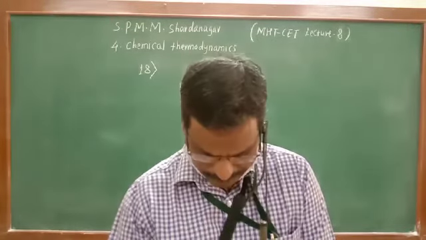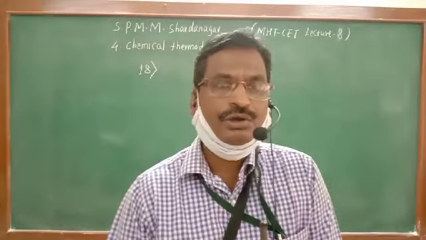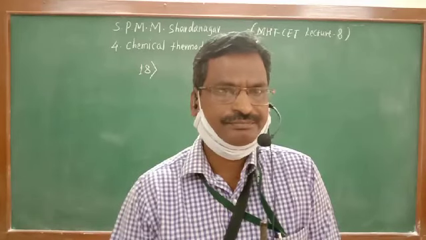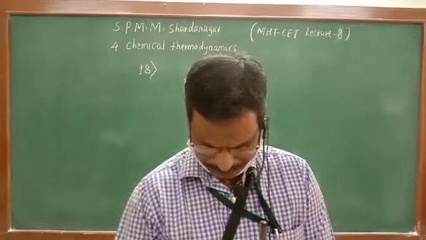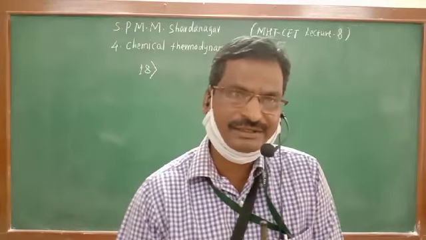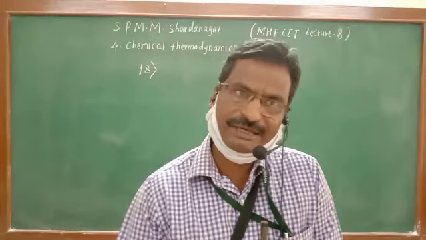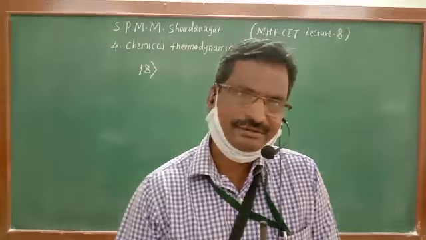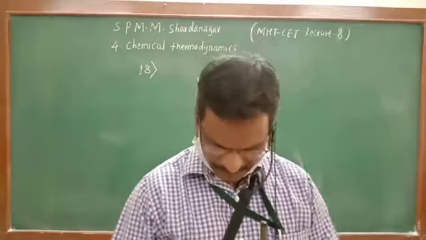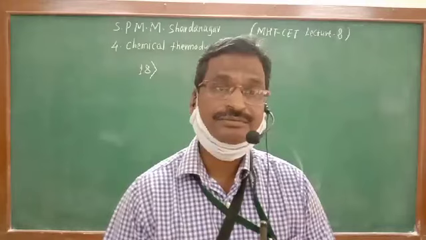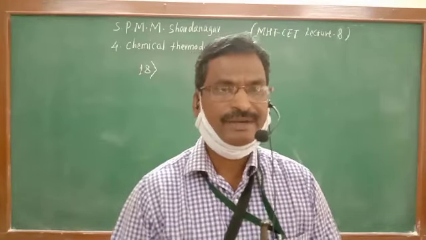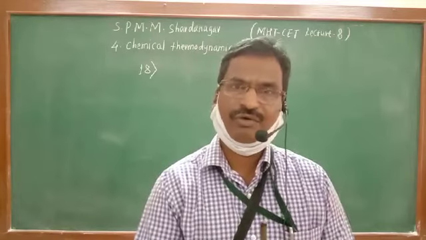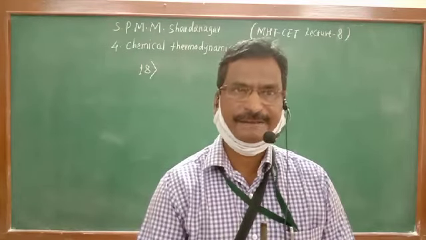Four options are given. First option is nuclear energy. Nuclear energy is a form of internal energy. Second, rotational energy. Rotational energy means kinetic energy. It is also a form of internal energy. Third, vibrational energy. We know vibrational energy is also a form of kinetic energy.